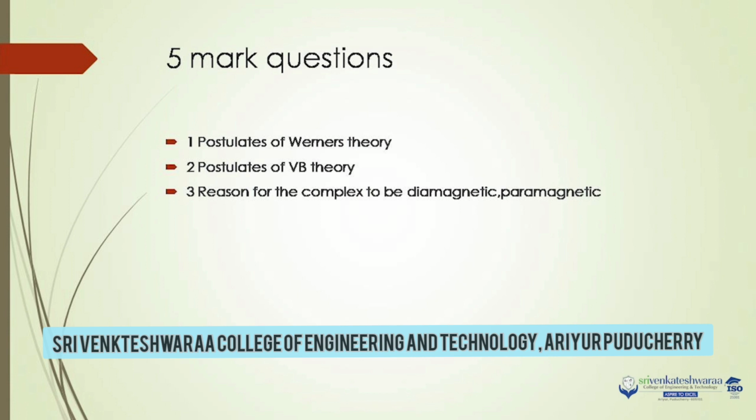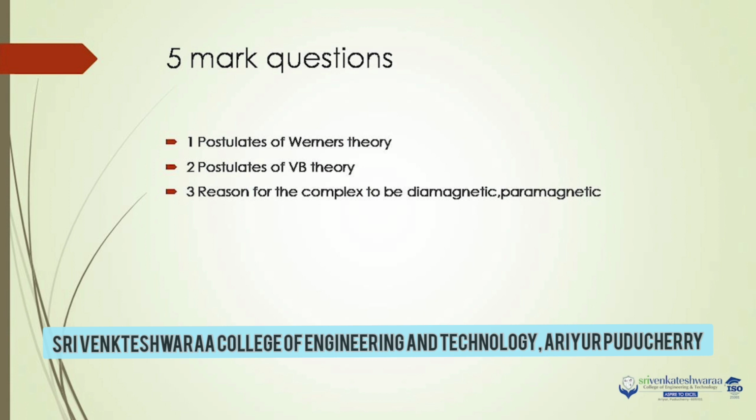Brass is an alloy, a metallic solid. Diamond is a covalent solid. Sodium chloride, a halogen with an alkali metal, is an ionic solid. Iodine is a molecular solid. Carbon dioxide is a molecular solid. These are some example classifications of solids.